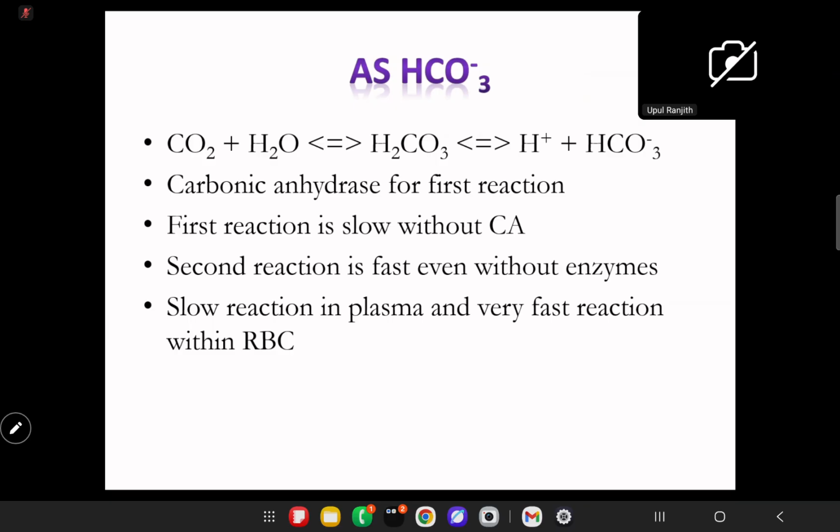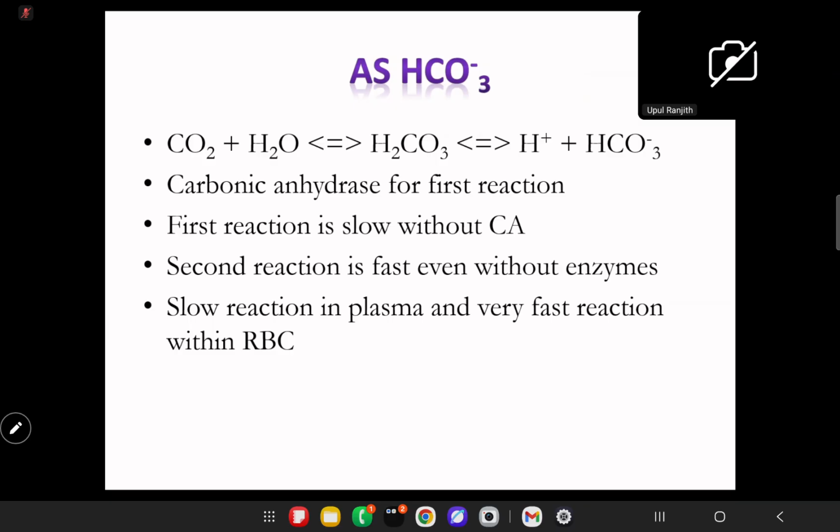Carbonic anhydrase is found inside the red blood cell. Therefore, the reaction is fast inside the red blood cell. But without carbonic anhydrase, it is very slow.